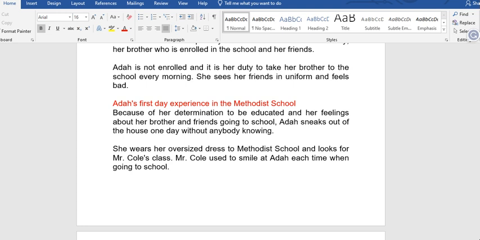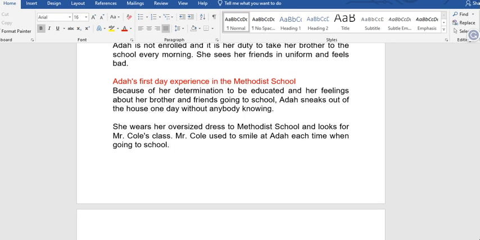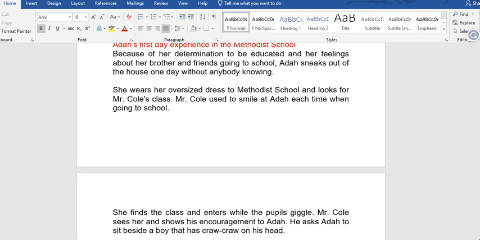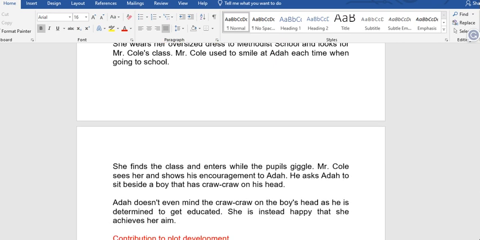Because of her determination to be educated and her feelings about her brother and friends going to school, Ada sneaks out of the house one day without anybody knowing. She wears her oversized dress to Methodist school and looks for Mr. Cole's class. Mr. Cole used to smile at Ada each time she was going to school.